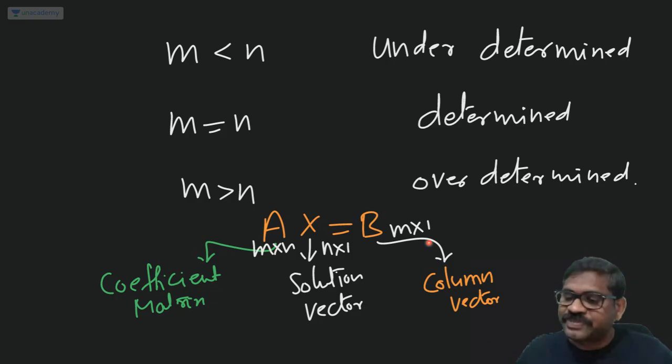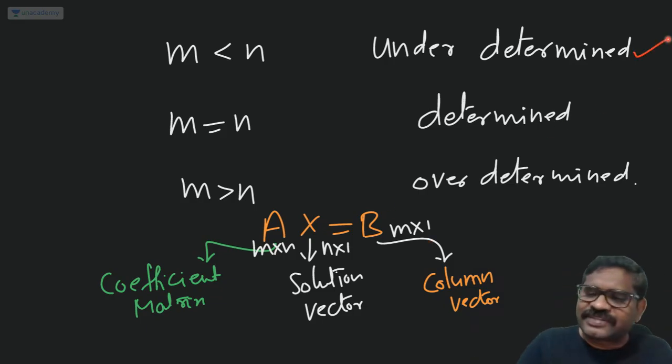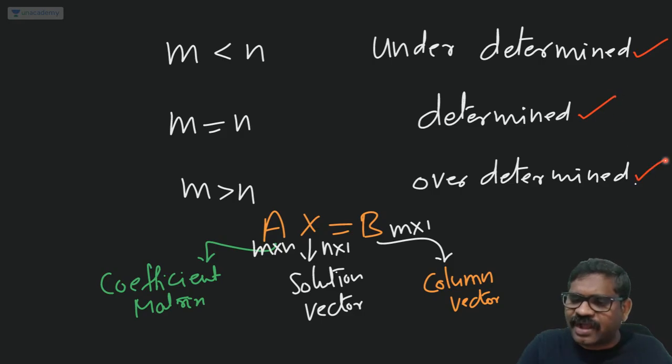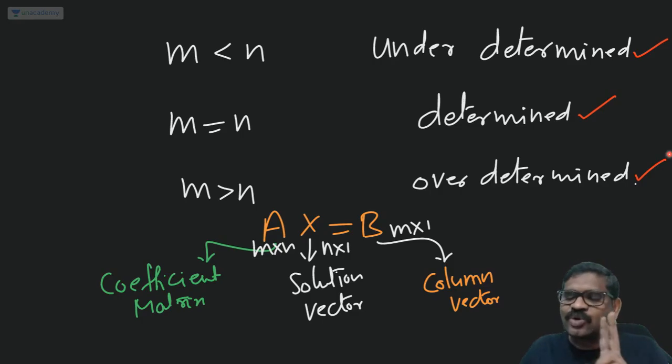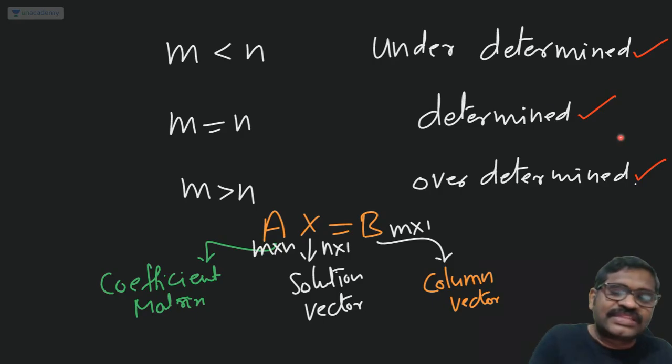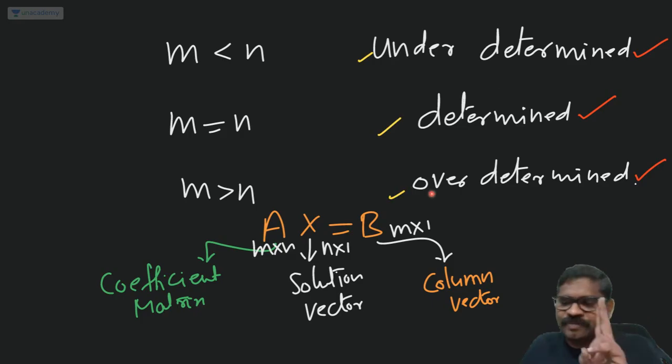Please remember, whether your system is underdetermined, determined or overdetermined, whatever system is given, the solution procedures are of two types. Based on the number of equations and number of variables, you may classify into three categories, but the solution procedures for all three categories are only two. One is the homogeneous system, another is the non-homogeneous system.